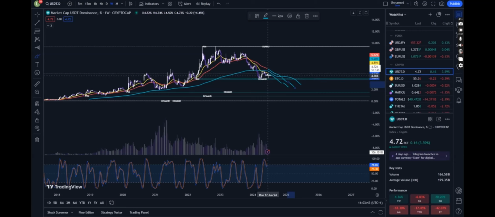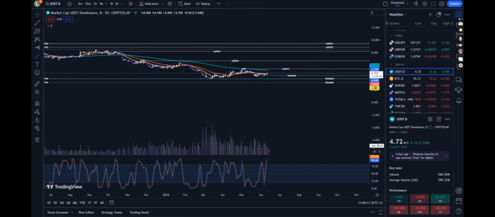You want to see it break below this area on price and then come further down. Then that could be your bull run top round April, May time to get rid of all the coins that you've accumulated over however long period it's been. But that's what we want to be looking at.